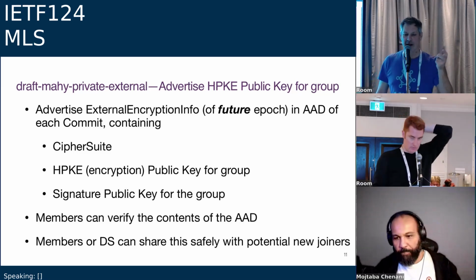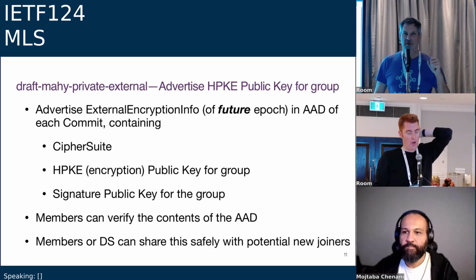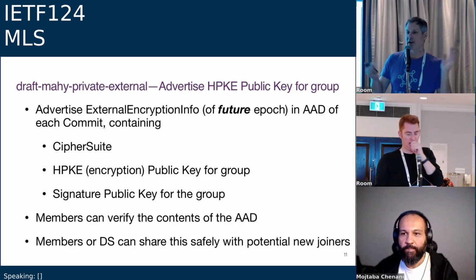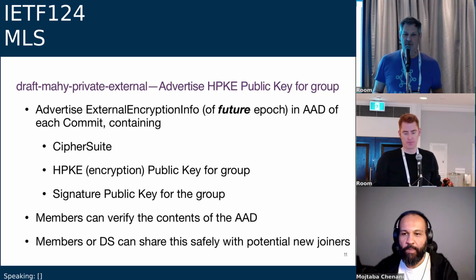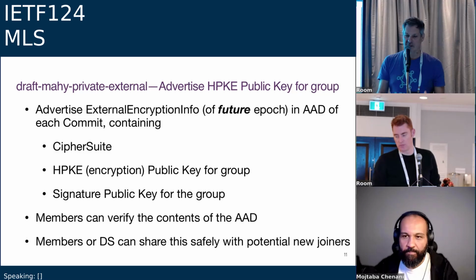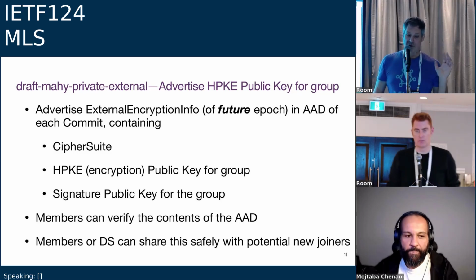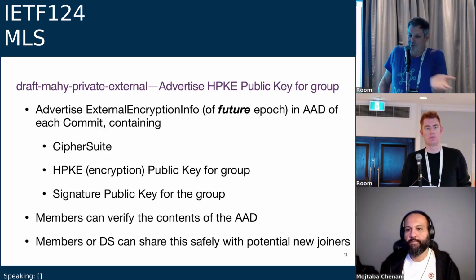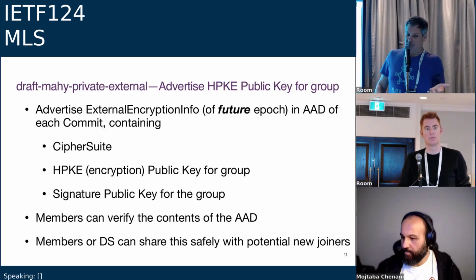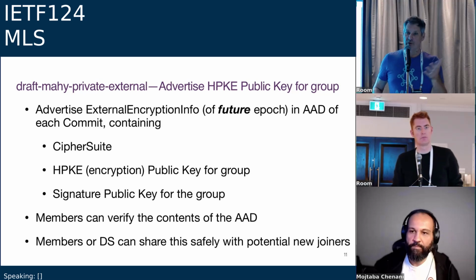And if this is implemented at the application layer by someone, you could imagine an application layer protocol where the new joiner uses OHTTP, talks to a privacy pass, gets some kind of a token, and then spends that token to send an external proposal that's encrypted in this way, so we can join this group, and nobody outside of the group gets to see who this was.